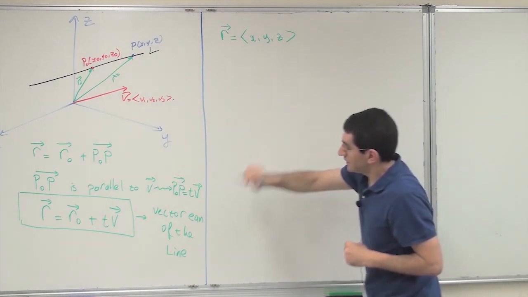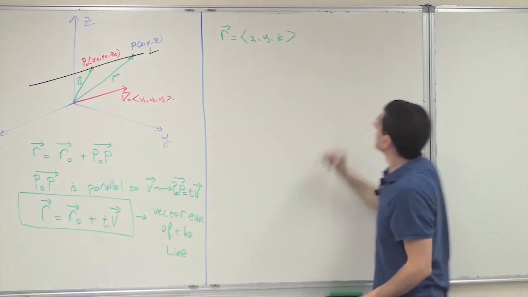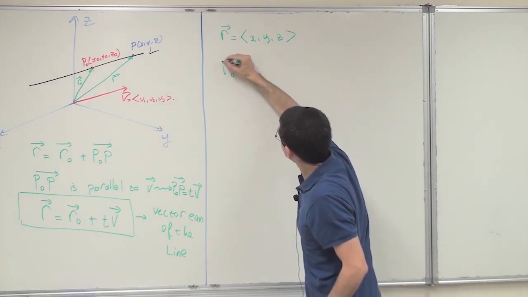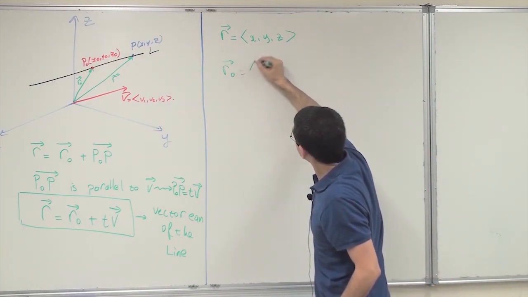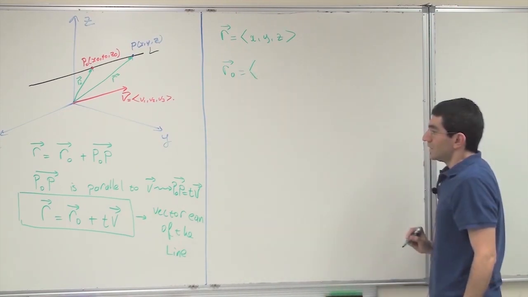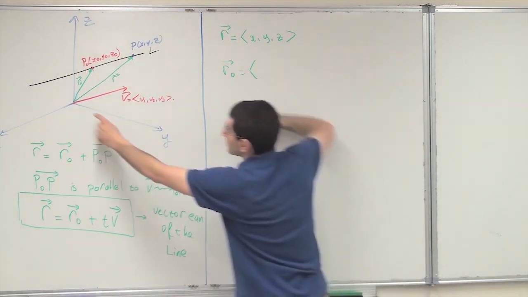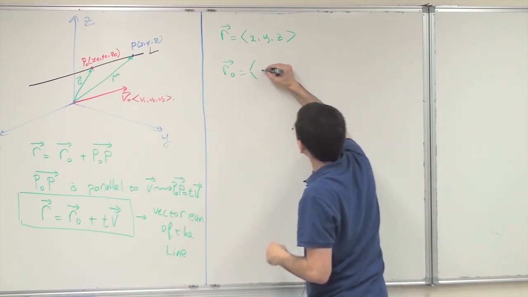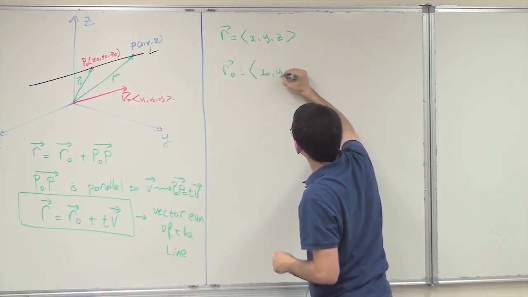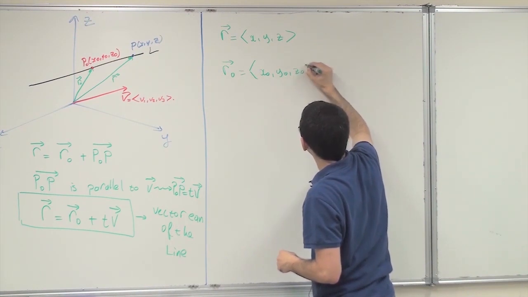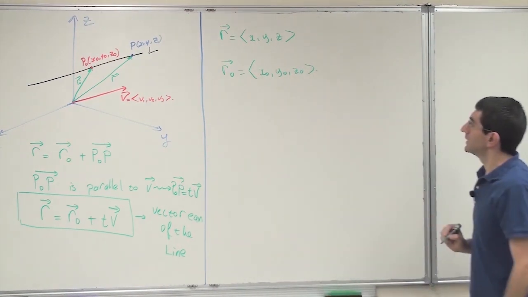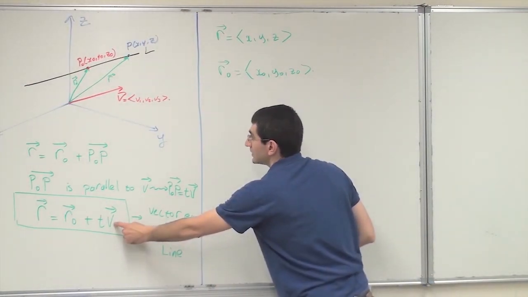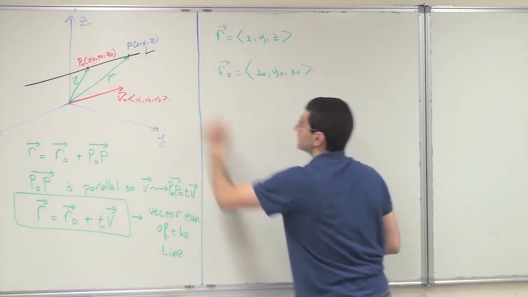Then let's write our vector r naught. It is the vector between the origin and the point P naught, so its components are x naught, y naught, and z naught. And we already know the components of the vector v, which are v1, v2, and v3.